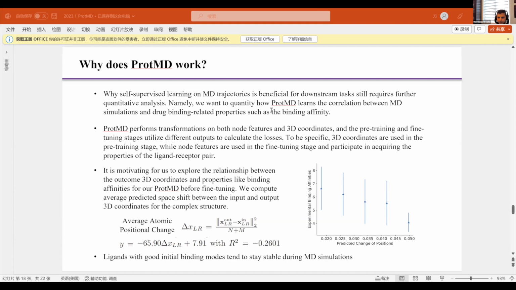Maybe Shuhao would like to unmute himself and ask the question. He says, I am thinking of how residues interact within molecules.